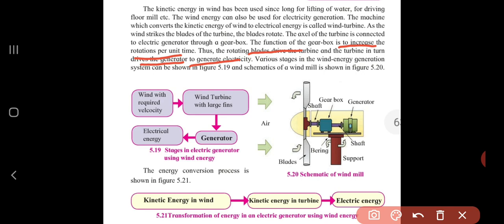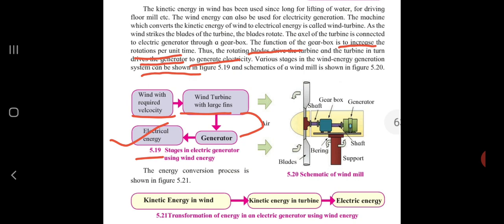So various stages in the wind energy generation system can be shown in figure 5.19. We can see here the stages: wind with required velocity, wind turbine with large fins which are connected to generator, and then electrical energy is produced.